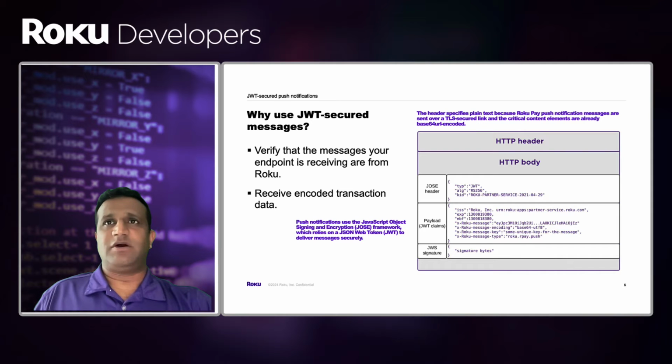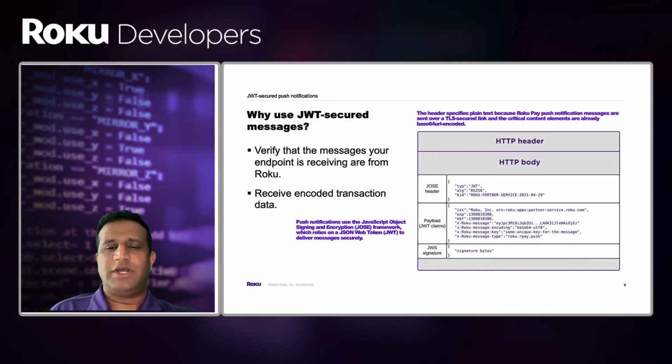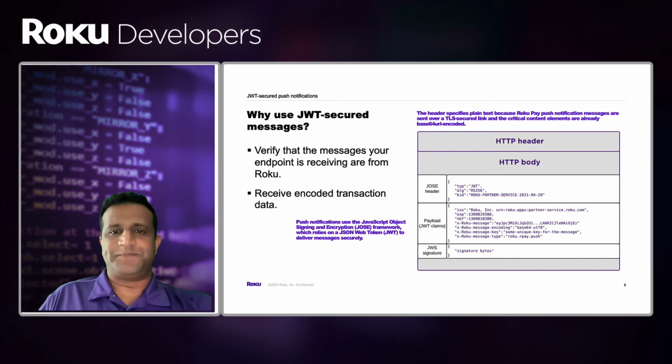When you decode your message, you can check your security, you can check your signature, and using that, you would be able to check who signed this payload. Using that signature, you would know whether it is a genuine Roku Pay notification or not.